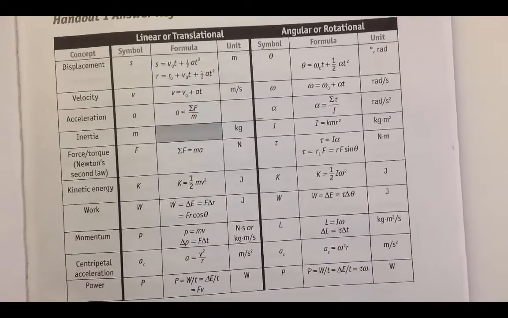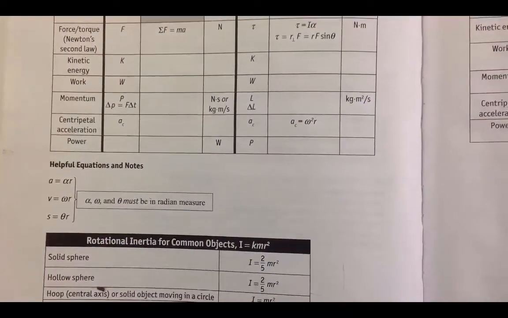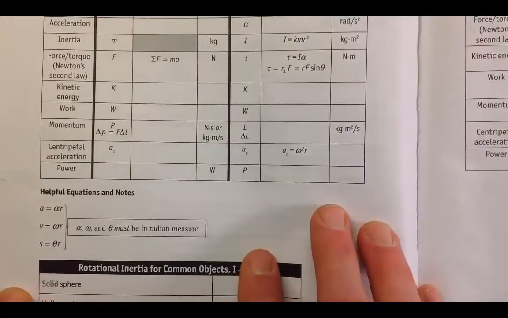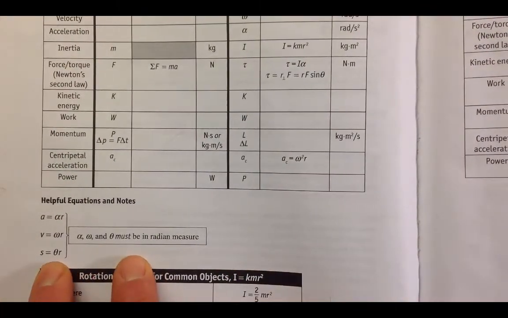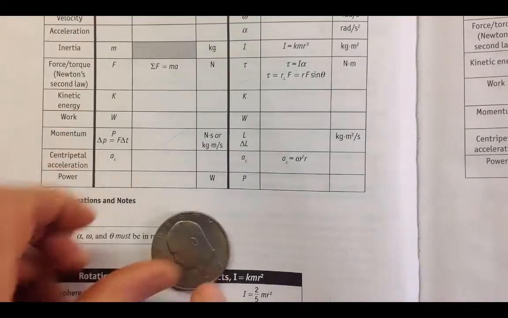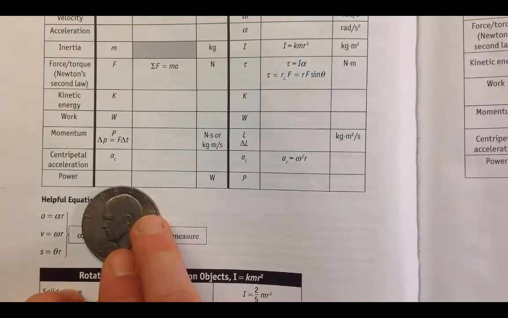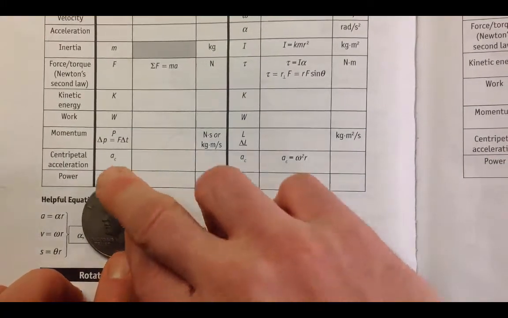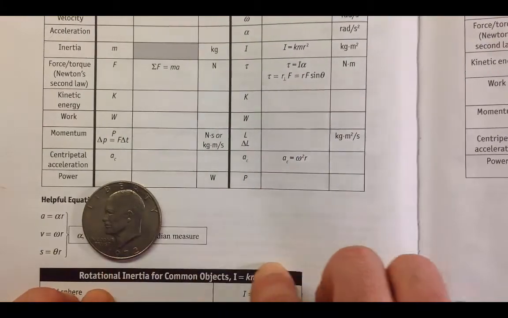One more set of equations I want to go through with you today are the equations that relate angular variables with linear variables. As a quick example, let's say I have a silver dollar and I roll it along the ground.